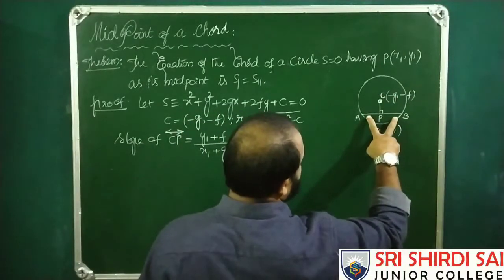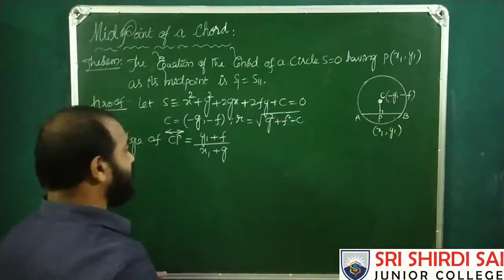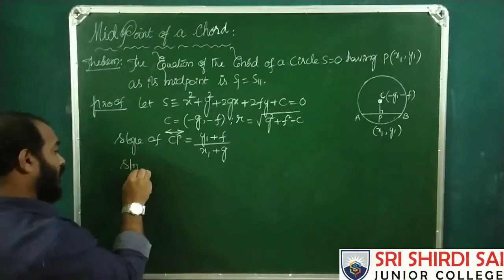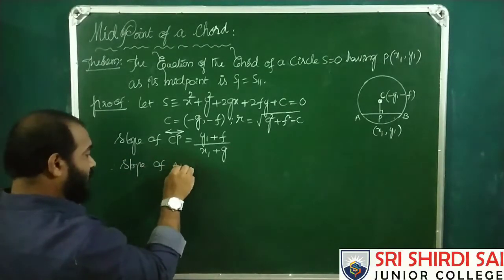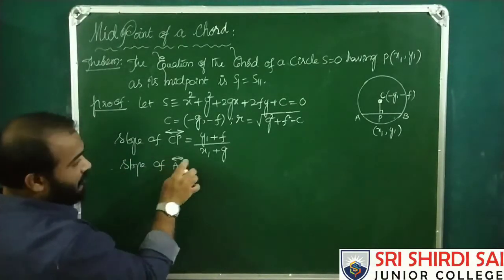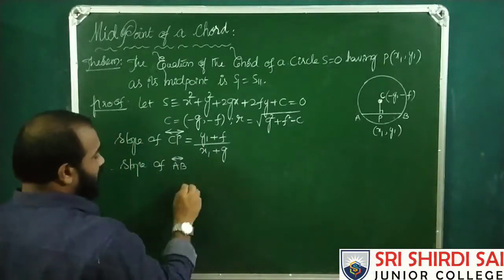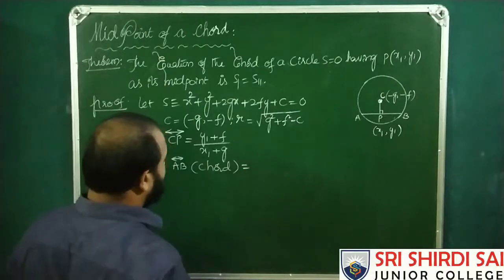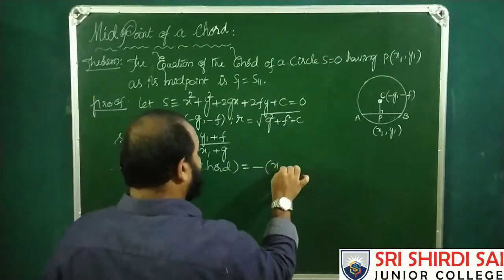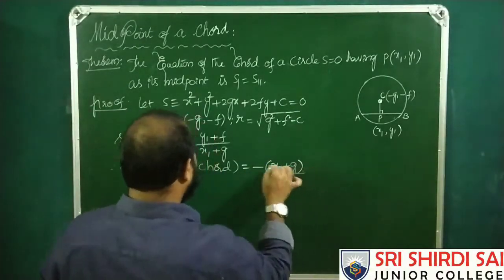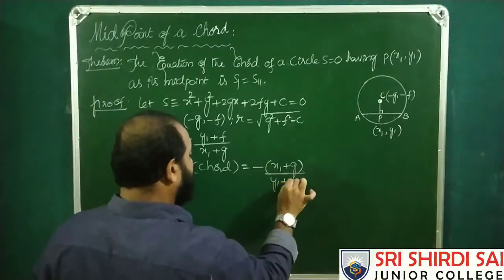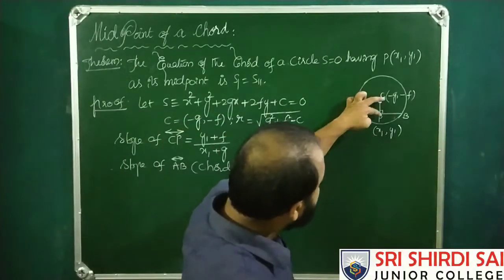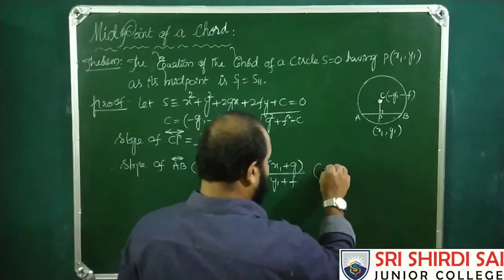Then what would be the slope of AB, the chord? That should be minus of (x1 plus g) by (y1 plus f), because CP is perpendicular to AB.